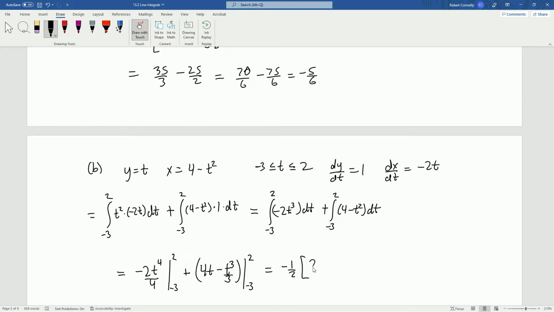Okay, so t to the fourth, that's 2 to the fourth, minus negative 3 to the fourth, plus, this is going to give me 4t, so t is 2 here, so that's going to be 8 minus 8/3, minus, and here we'll get a negative 12, and this will be a minus and a negative cubed, which is negative, so those will cancel. So it'll become plus 3 cubed over 3.